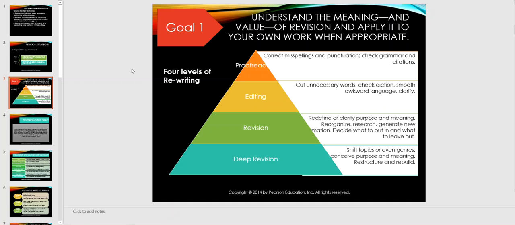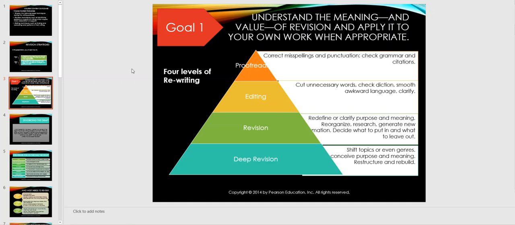If you move up to revision, you're clarifying purpose and meaning again, reorganizing research, generating new information, and deciding what to put in and leave out of a particular essay. You might want to get rid of something and then add something in. Editing is cutting unnecessary words, checking your diction, smoothing out awkward language and clarifying your sentence structures.